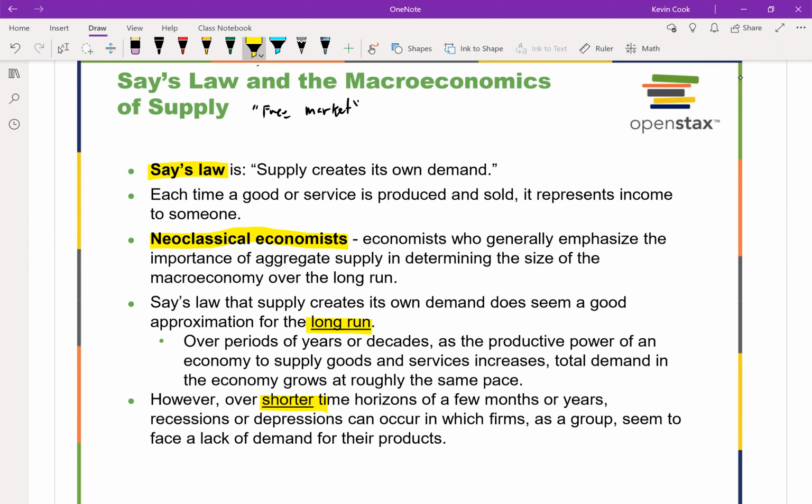So again, we're running into an issue today where what we actually see happening, which is really cool, is factories being refitted to make other goods. The big thing going on right now is ventilators, where everyone's like, we need more factories that can make more ventilators because we can't keep up with demand.